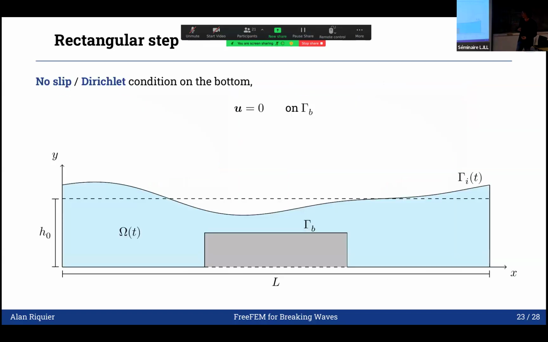But what happens when, instead of having a flat bottom, I now have a rectangular step? To me, it's a rock, because I do math, so this is basically topologically a rock, but this is a rectangle. And now I use a Dirichlet boundary condition on the bottom, which before was not much of a problem; there was only a boundary layer that appeared, but it was stable.